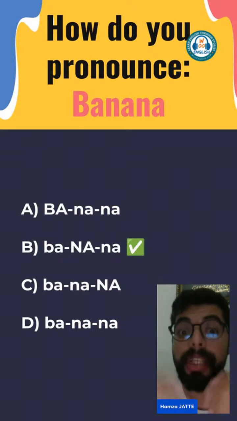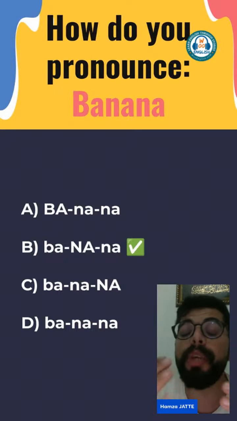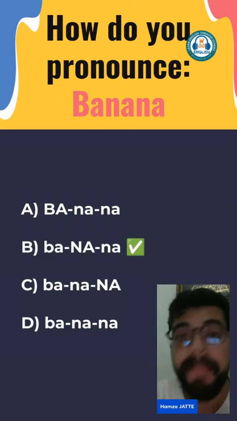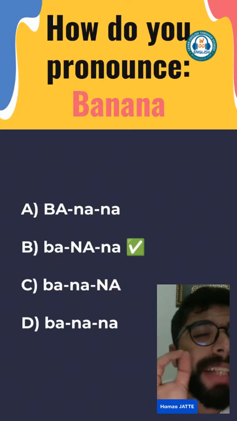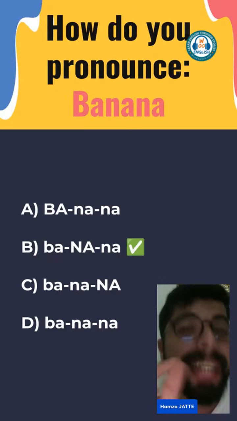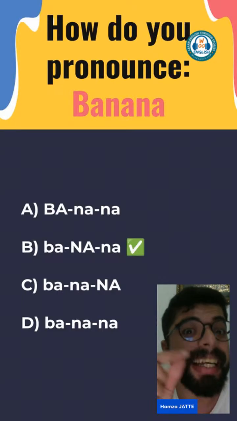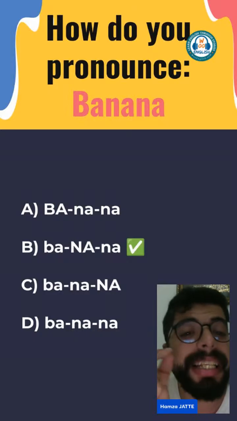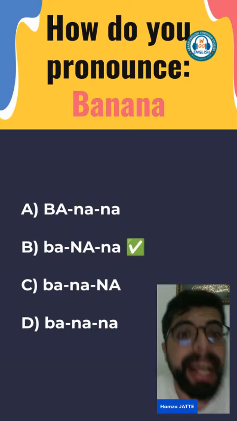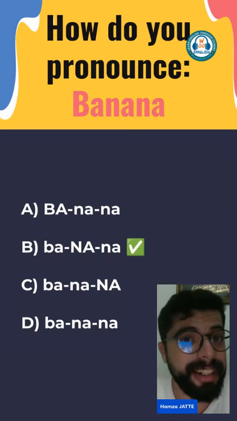So when you speak this way, when you take into consideration word stress in your pronunciation, when you make one of the syllables in each word stressed, your pronunciation will definitely improve 100%. So I have eaten a banana today.